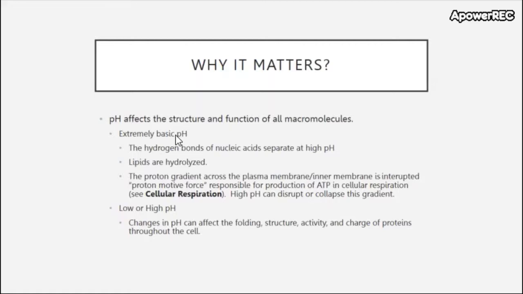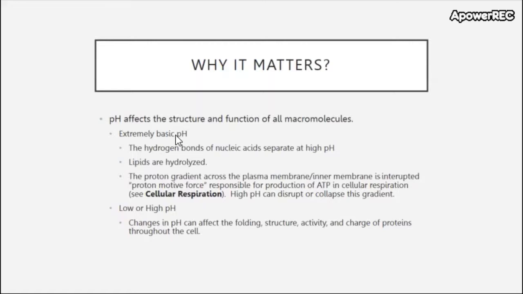This is known as a proton motive force, and the proton gradient is responsible for producing ATP, which is, of course, what we know as the energy currency of the cell. And so what happens at a high pH, where there's a very low concentration of protons in a solution? If you put a cell in there, you can imagine that this would disrupt that proton gradient or cause it to collapse.